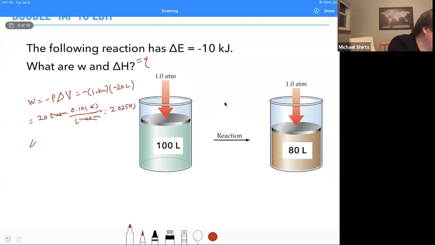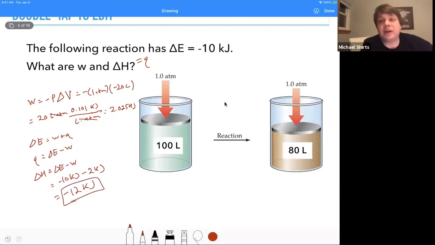And delta E equals W plus Q. Q is equal to delta E minus work, but that's just saying that delta H is equal to delta E minus work. And so delta E is minus 10 kilojoules, and the work is 2 kilojoules, so minus 10 minus 2 is minus 12 kilojoules, the change in enthalpy of the system.